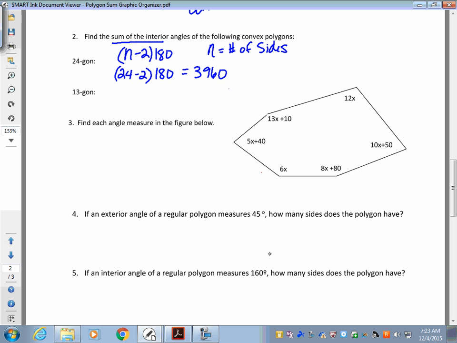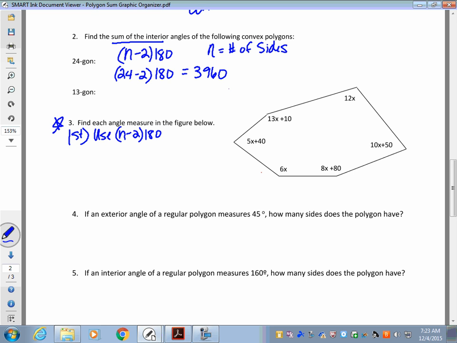Now, star number 13. Because here's your application of the formula, algebraic application of the theorem. So on a problem like this, first you need to make sure you know the number of sides. So the first step is always going to be use your n minus 2 times 180 to get the sum of the interior. Since I look at this, I see I have 1, 2, 3, 4, 5, 6 angles, 6 sides.